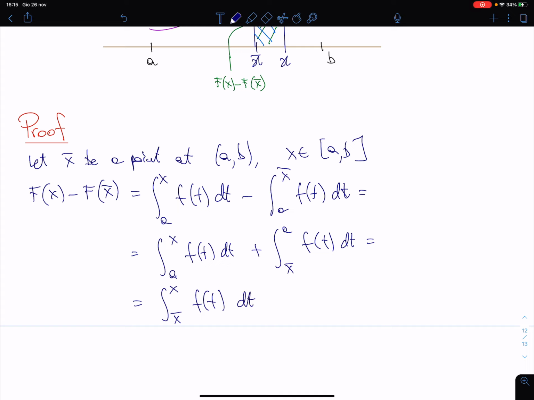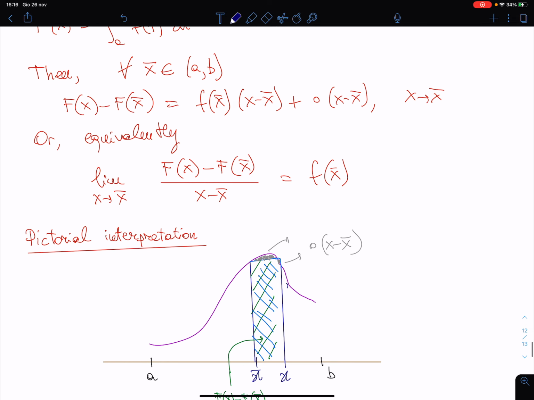Okay. Now we have to prove the limit here, and a nice way could be to use sequences.